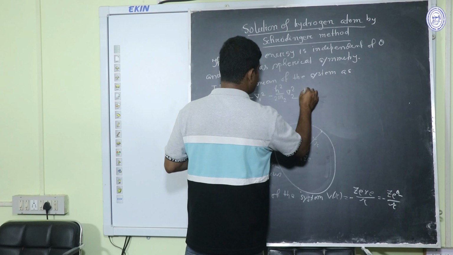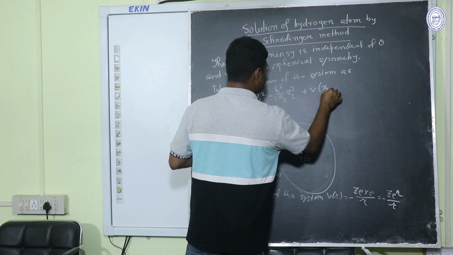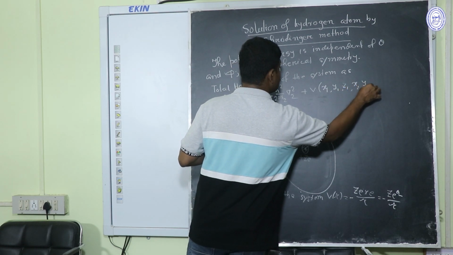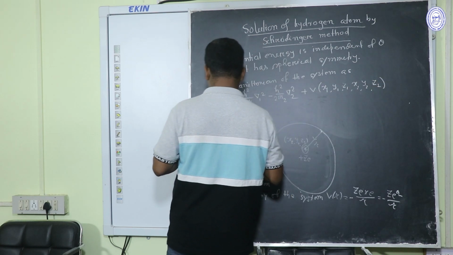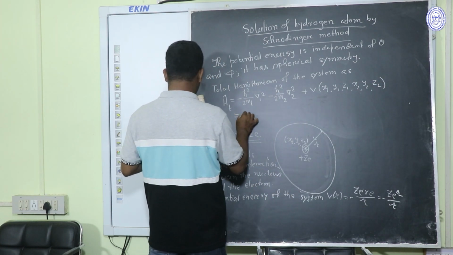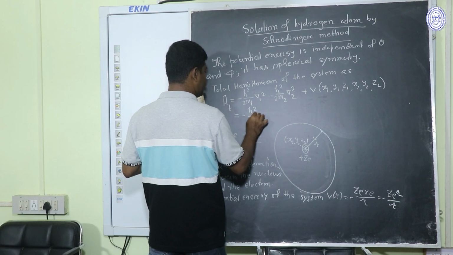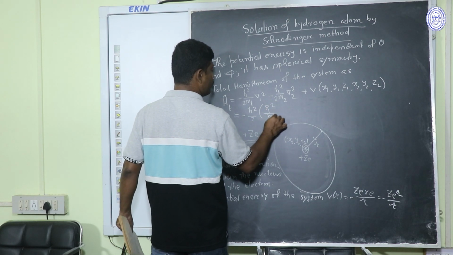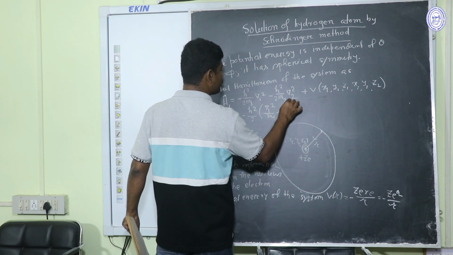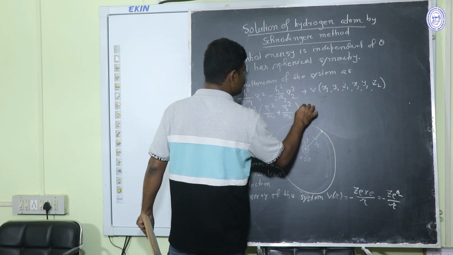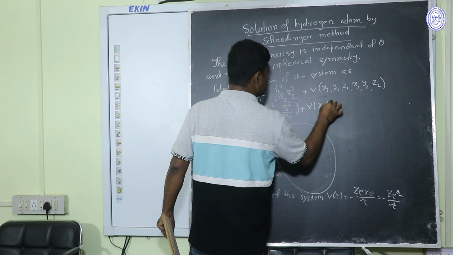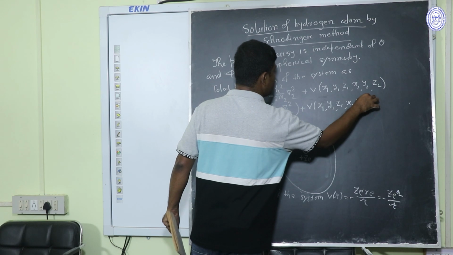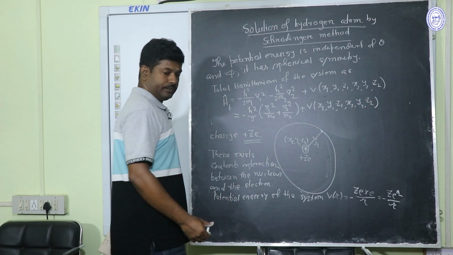Then there will be potential V as a function of x1, y1, z1, x2, y2 and z2. So, H equals minus h cut square by 2 times gradient 1 square by m1 plus gradient 2 square by m2, plus V of x1, y1, z1, x2, y2, z2.